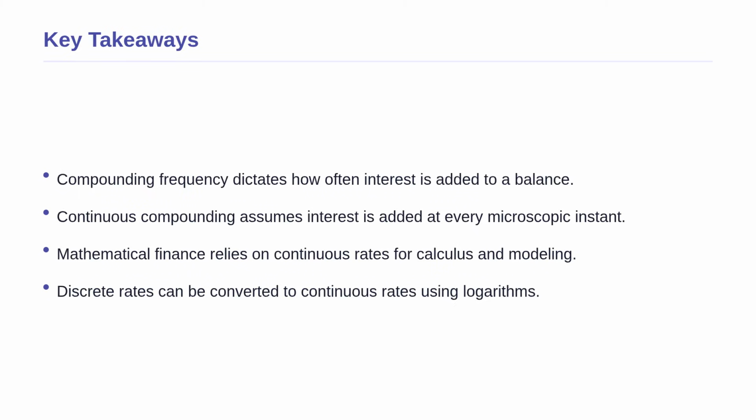Finally, by using simple logarithmic and exponential formulas, we can easily translate any real-world discrete rate into a continuous rate suitable for advanced financial modeling. Mastering this concept unlocks the door to understanding all future topics in derivative pricing. Great job following along.